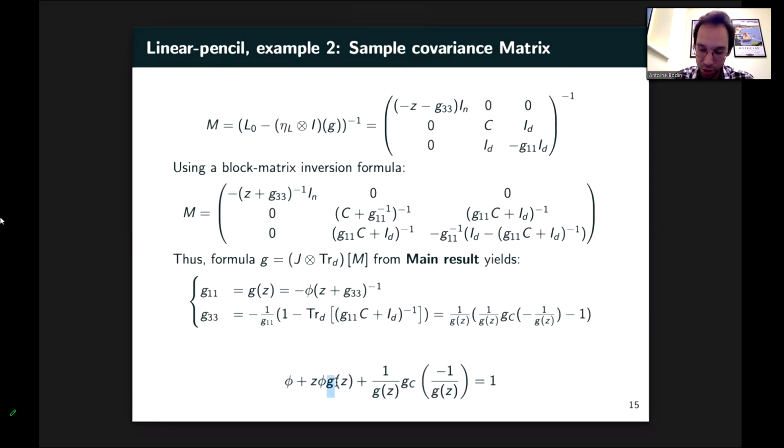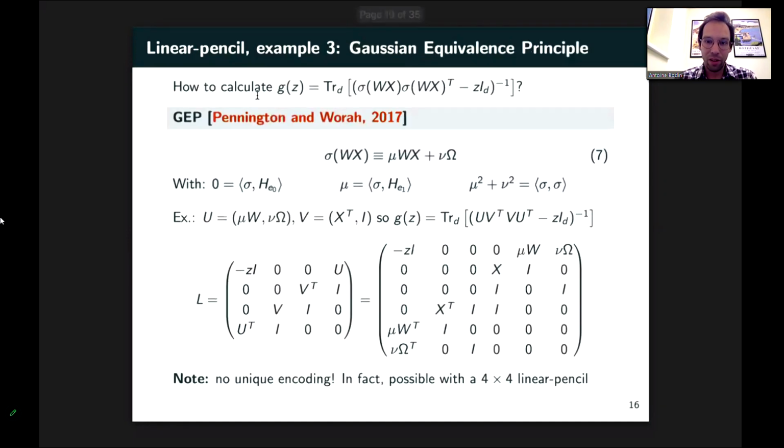That is to say, a connection between J(z) and J_C(z), which is the Stieltjes transform of the matrix C. Okay, this is quite a well-known formula, but what I wanted to show here is that the linear pencil method allows you to just retrieve it in 2 slides.